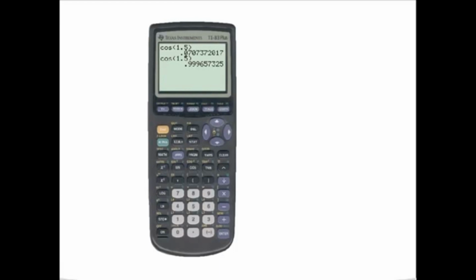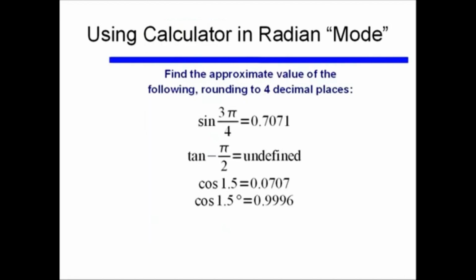But 1.5 radians is going to be actually closer to 90 degrees than it would be to 0 degrees. So the mode your calculator is in will be the big difference between getting a question correct and getting a question incorrect. No degree symbol means radians. And again, cosine of 1.5 is 0.0707, but the cosine of 1.5 degrees was a number very close to 1.